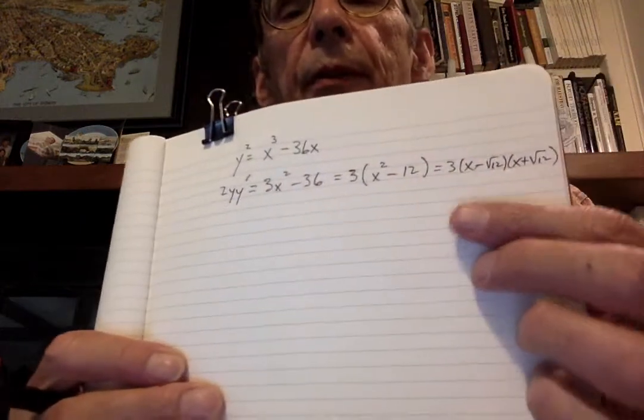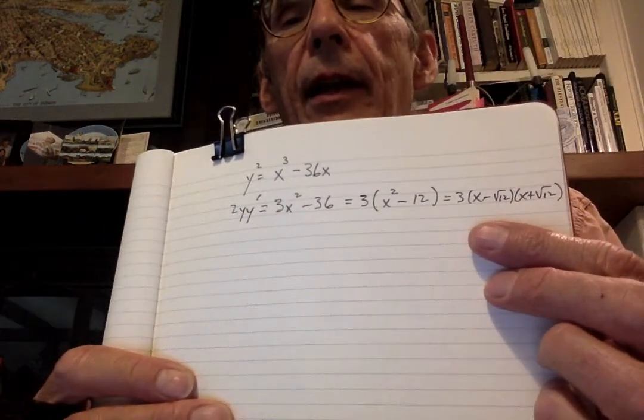Let's see, we can pull some factors out of here. So this is 3 times x squared minus 12, and well, that factor is 3 times x minus square root of 12, x plus square root of 12. Square root of 12 is between 3 and 4. We're going to need that in a second.